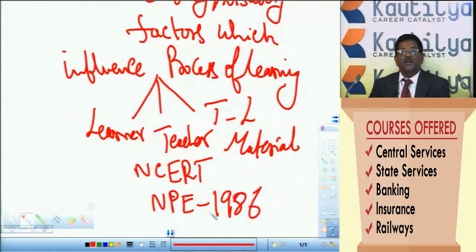That means according to NCERT guidelines and NPE 1986 guidelines, what are the different professional ethics that a teacher must possess? This is the area a student is supposed to study according to the syllabus prescribed for the screening examination in Part B, and the second, third and fourth units are related to these areas.